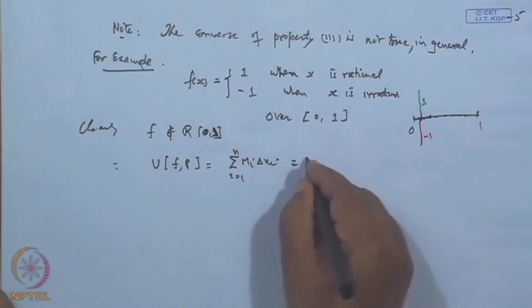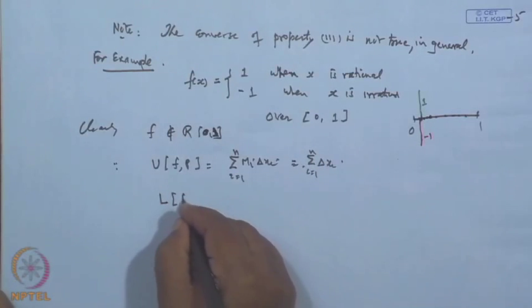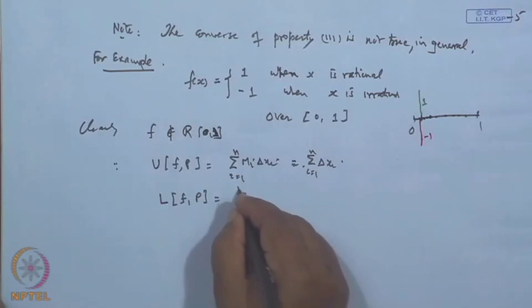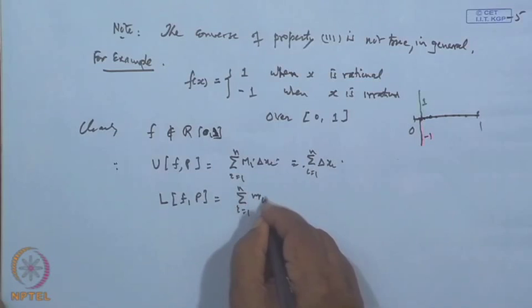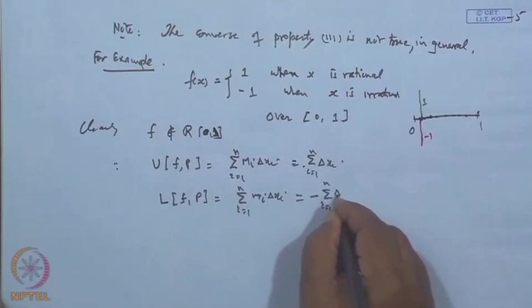So it is equivalent to the sum of delta xi, i from 1 to n, while the lower sum of this is the sum of small mi delta xi, and mi is minus 1, so it is the sum of minus delta xi.